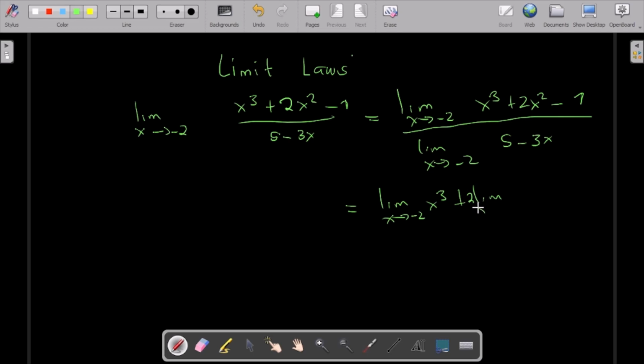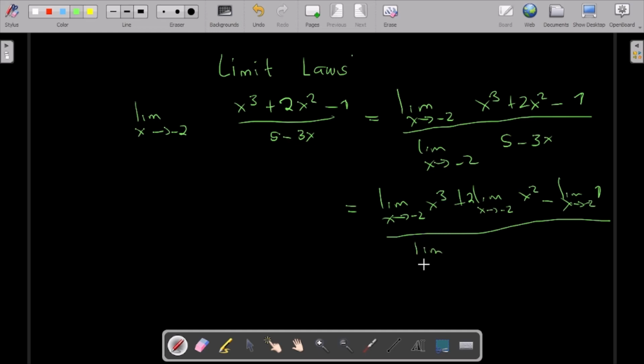So I'm going to have the limit as x goes to -2 of x squared minus the limit as x goes to -2 of 1. Now this is going to be divided by, pardon my division here, so it's not that neat.